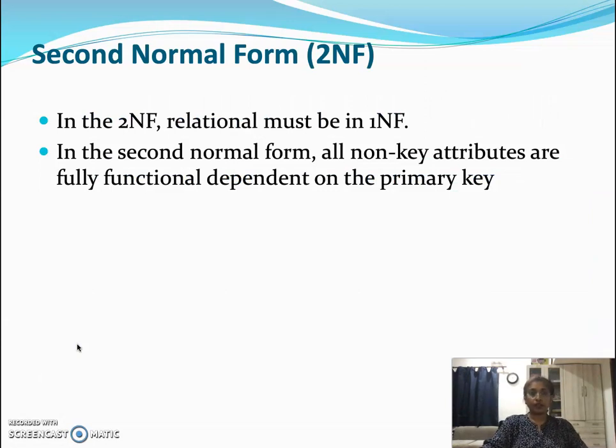Let's move to the second normal form. For the table to be in second normal form, first of all, it should be in 1NF, and the second important condition is that it should be functionally dependent. The non-key attribute should be functionally dependent on the primary key.